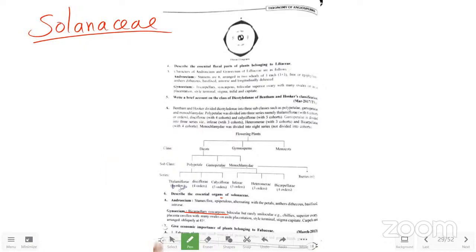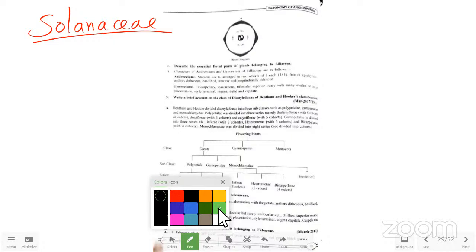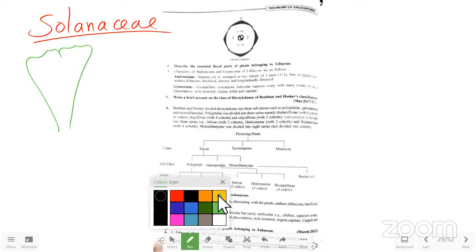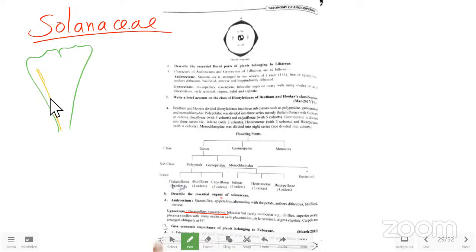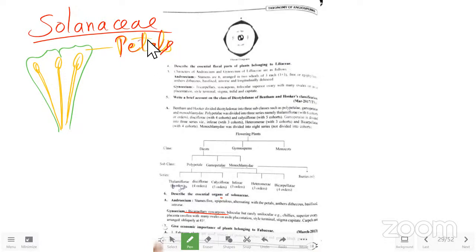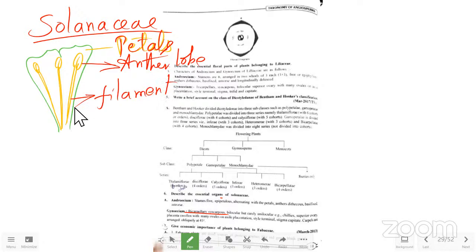For the androecium, we can draw the petals, anther lobe, filament. Okay, this is about the androecium.